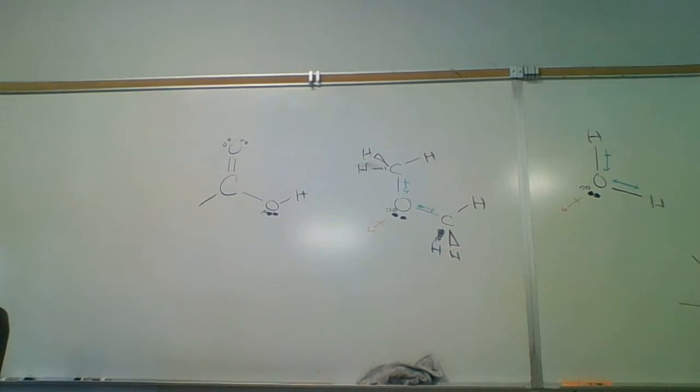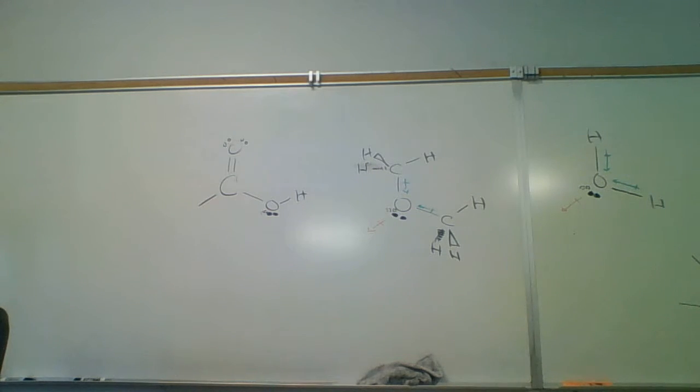Molecular geometry and electron pair geometry. Yeah, molecular geometry is the shape of the atoms. And what is electron pair geometry? Not the number of bonds, it's the shape of the electron groups.